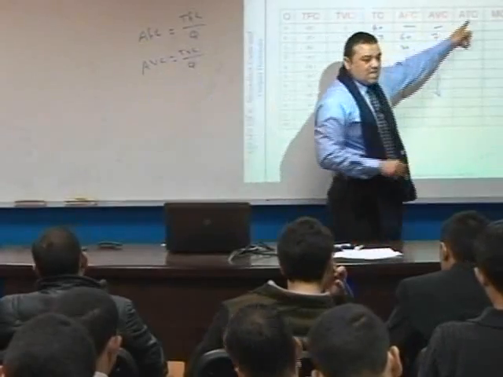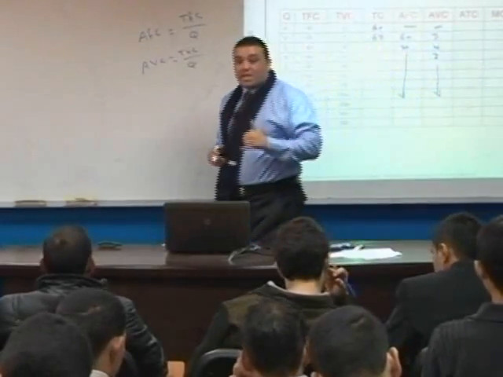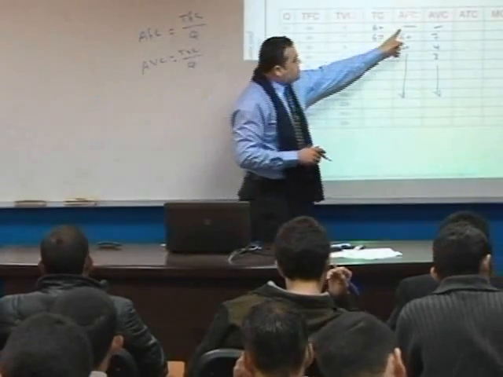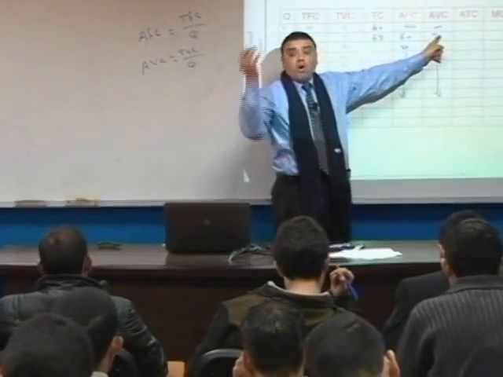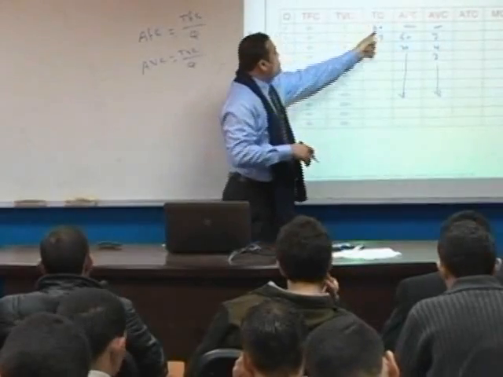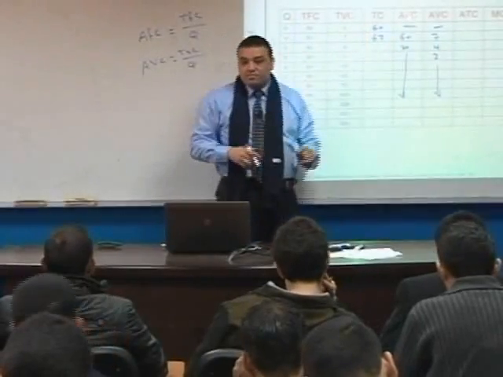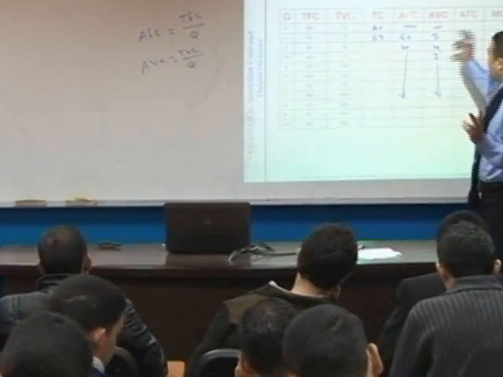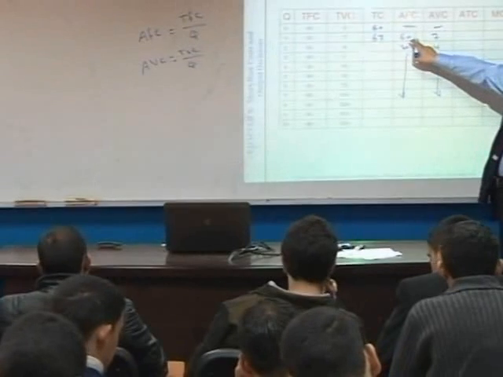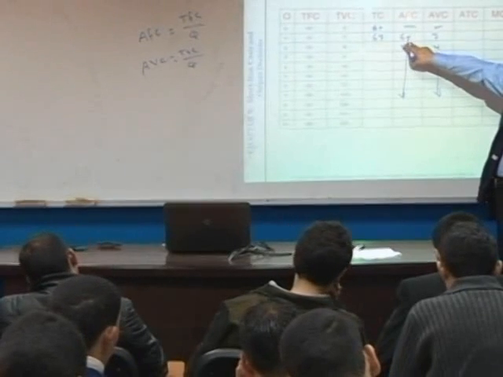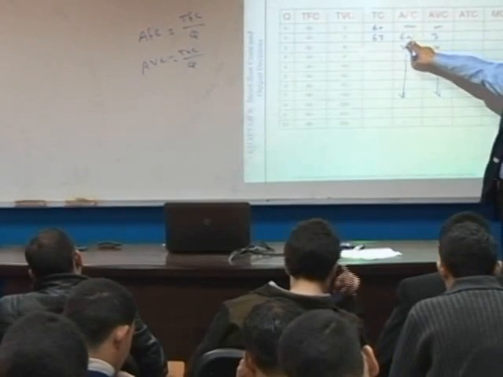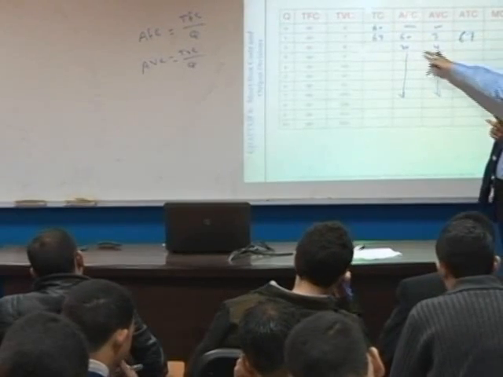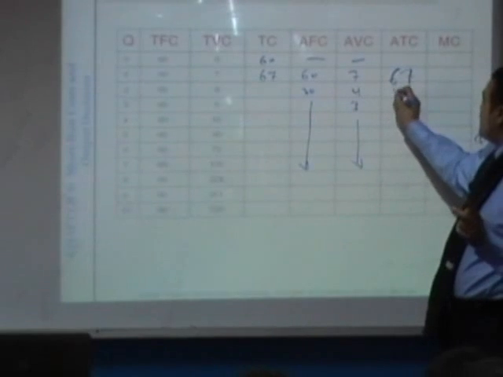What about ATC? We can calculate ATC by two formulas: AFC plus AVC, or total cost over Q. Right? So we have two formulas. The first formula, AFC plus AVC: 60 plus 7, 67. 30 plus 4, 34.